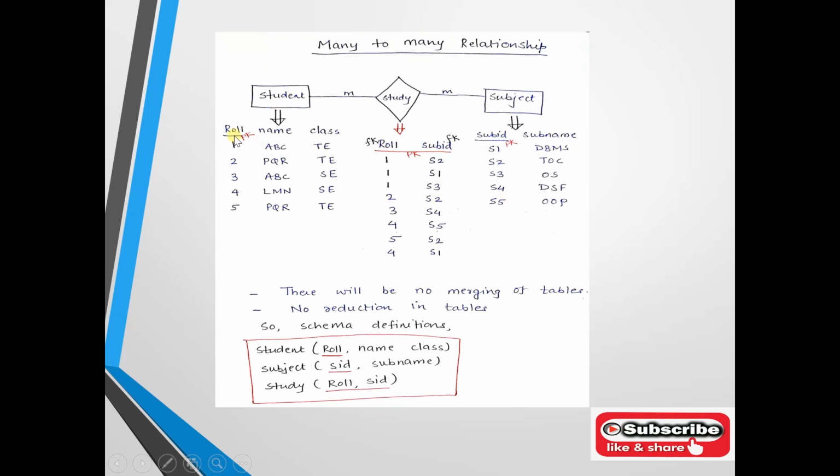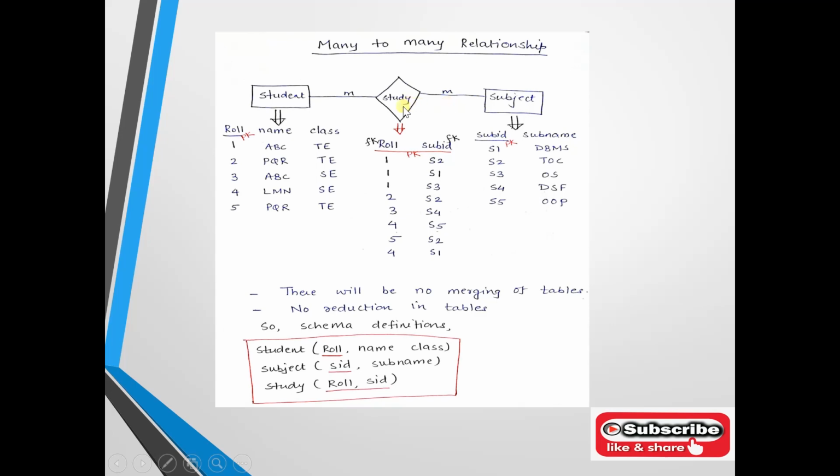Student will contain roll number, name, class, and will have many records. Likewise, subject will contain subject ID, subject name with many records. But what about this study relationship set? When we convert this study into a table, we have to follow some rule, right? Here we are talking about many to many.